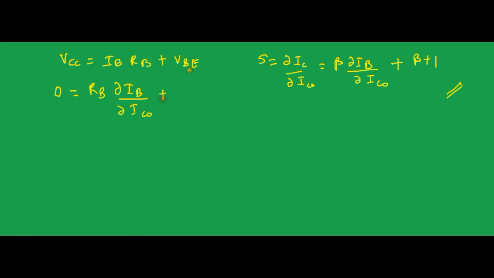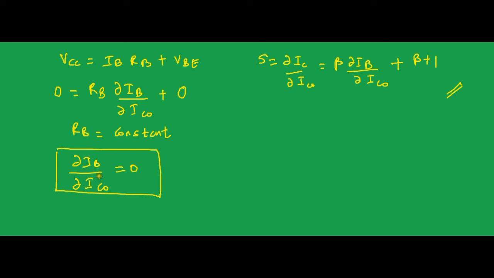And again, since VBE is constant, the differentiation of VBE with respect to ICO is 0. So we are left with this equation, delta IB upon delta ICO into RB is equal to 0. Since we know that RB is constant, we get delta IB upon delta ICO is equal to 0.